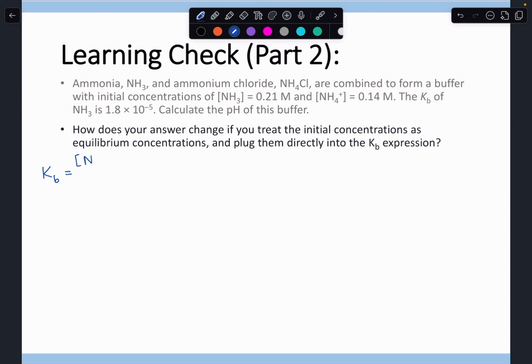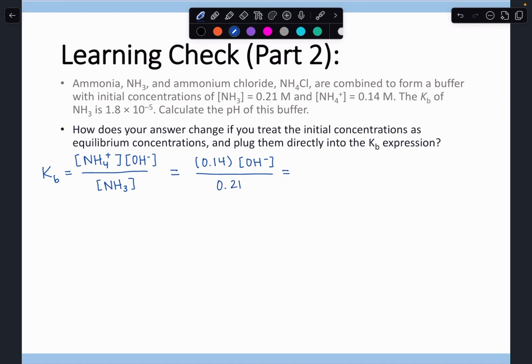So remember, Kb was NH4 plus concentration times OH minus divided by NH3. If we plug in values that we know, this would be 0.14 times OH minus, we don't know that concentration yet, divided by 0.21.